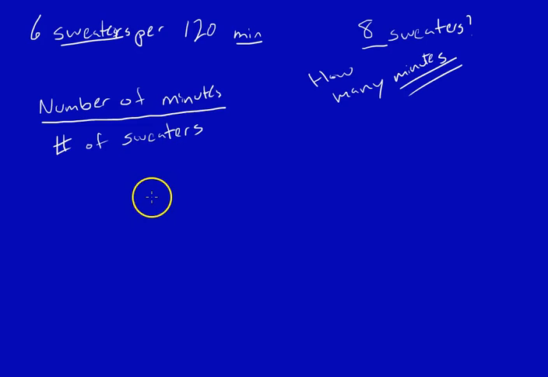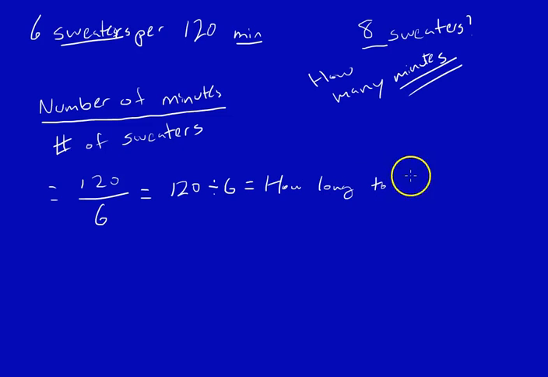in the denominator. And when you do this division problem, for example, this would equal 120 over 6, right? 120 minutes per 6 sweaters. When you do that actual division problem, 120 divided by 6, that's going to tell you how long to knit 1 sweater.